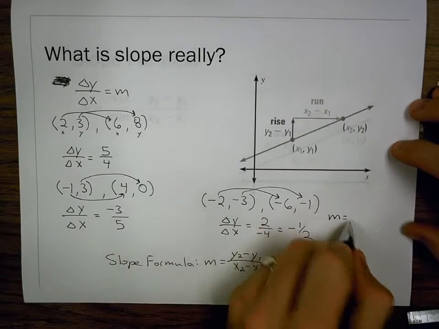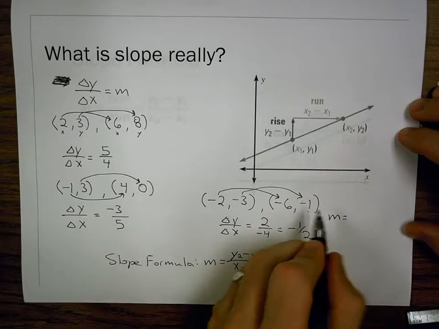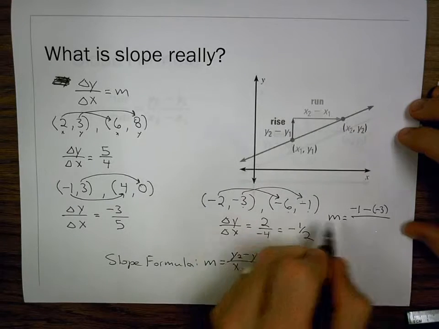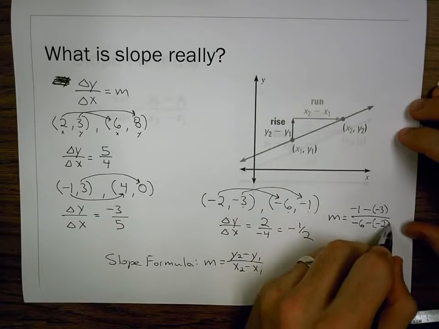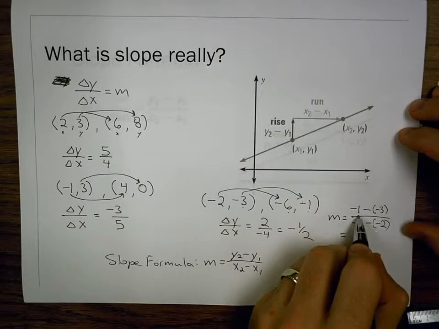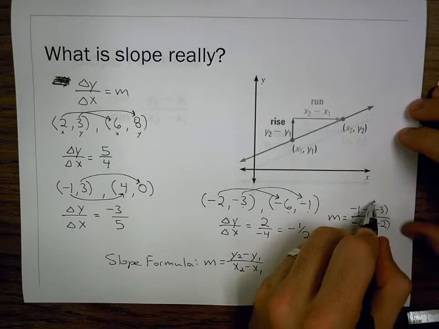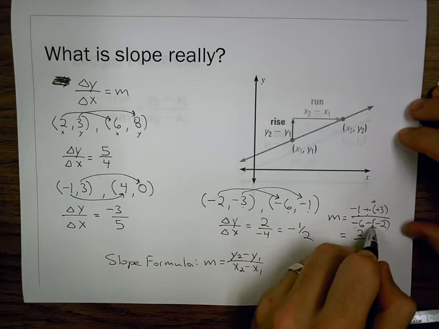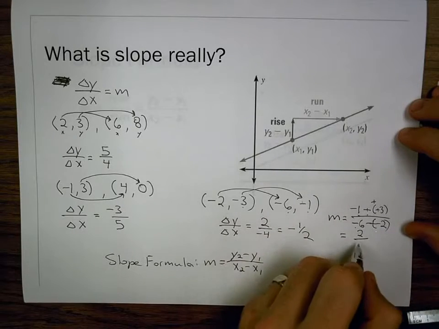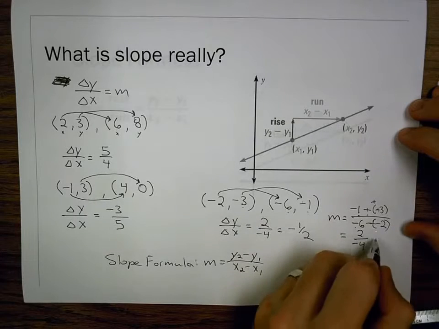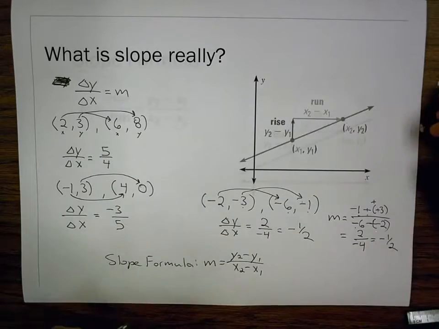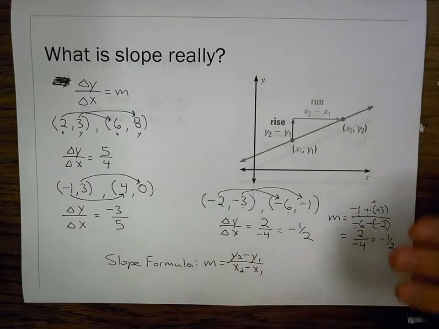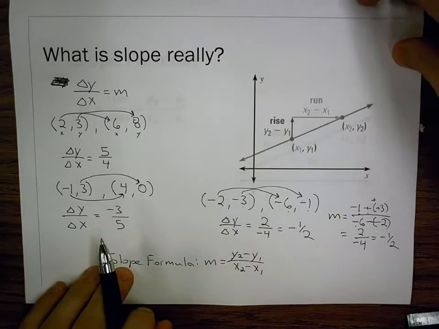So for this last one, y2 minus y1 over x2 minus x1. Negative 1 minus a negative 3, we can make that a plus, so that's 2. Negative 6 minus a negative 2, make that a positive 2, so that's negative 4, comes out to still be negative 1/2. But I didn't have to use the formula. And again, it's an option, it's just another way to look at it.